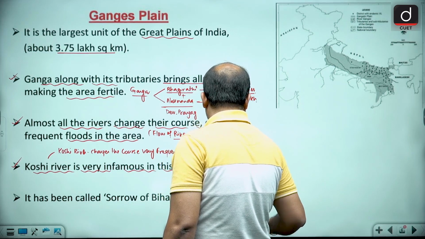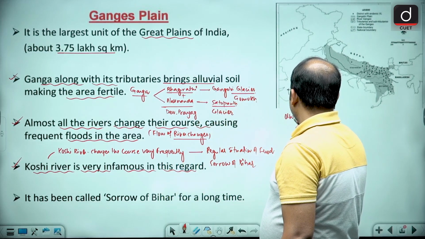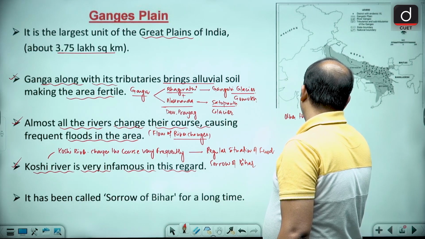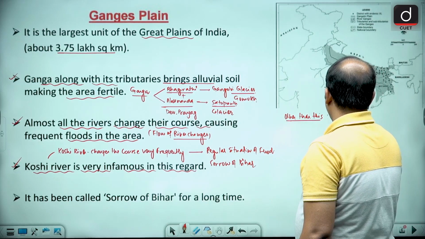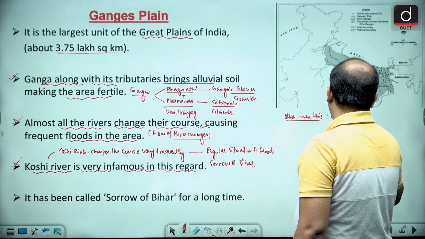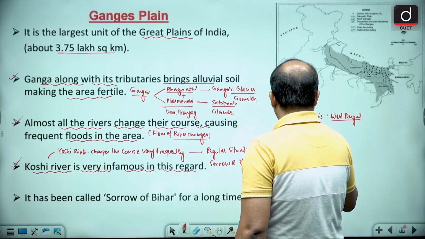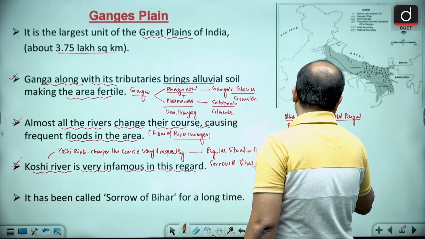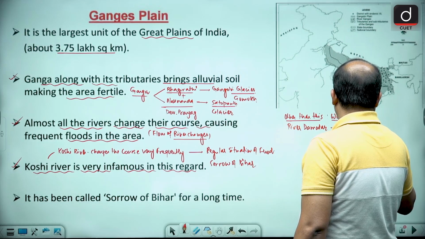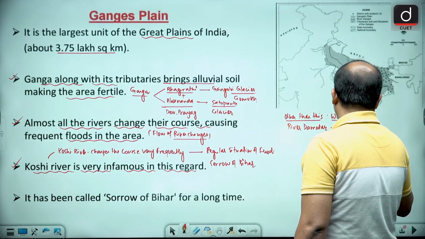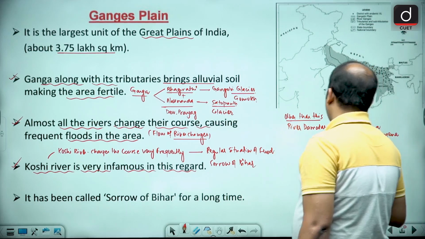It is also known as Sorrow of Bihar. Now guys, other than this, in West Bengal, river Damodar, flood is also a common phenomenon.